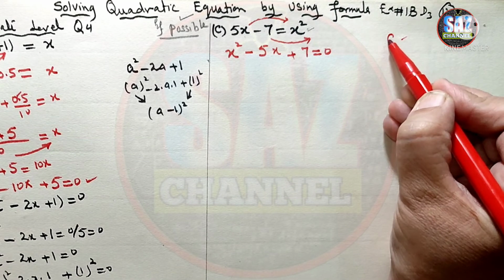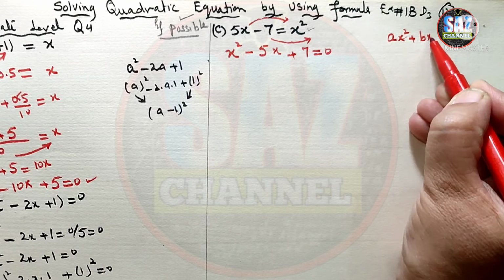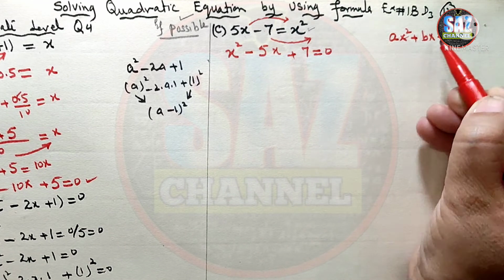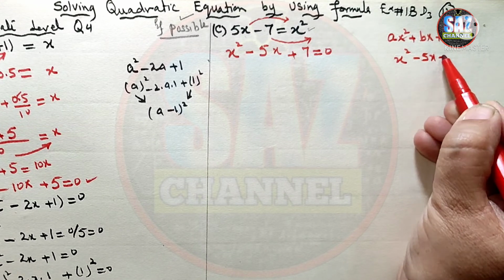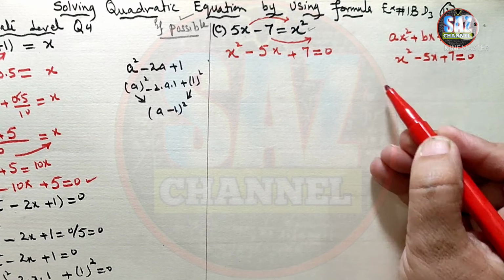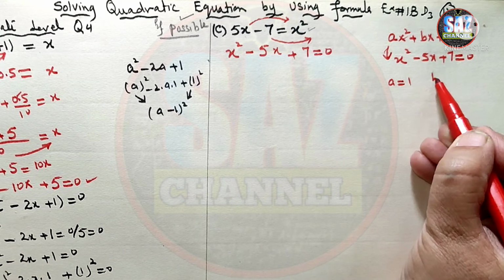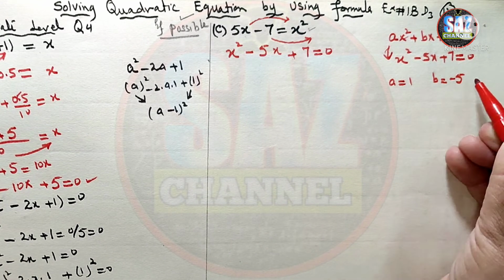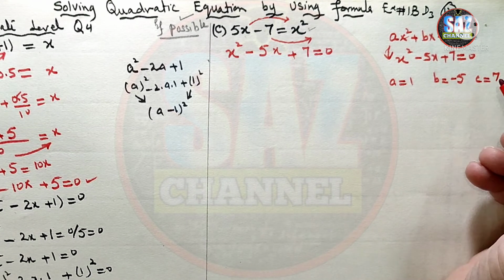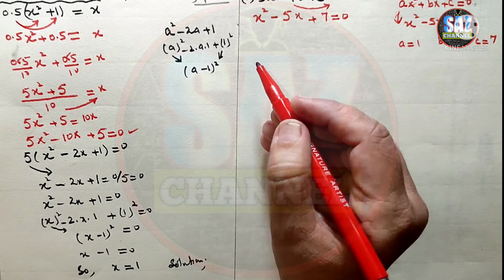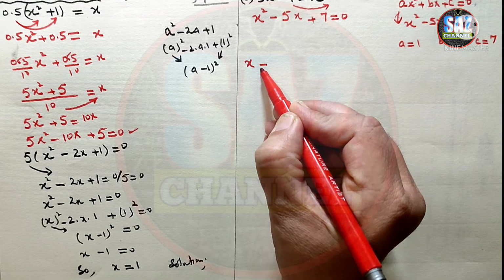So I will compare it with ax square plus bx plus c equals 0, and this is x square minus 5x plus 7 equals 0. By comparison, a equals 1, b equals minus 5, and c equals 7. So I will replace the values in the quadratic formula.